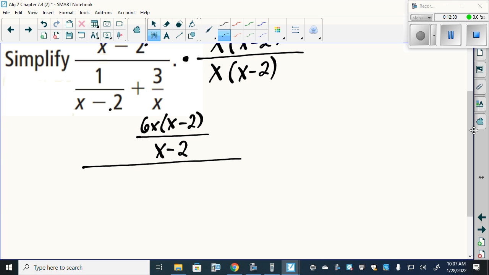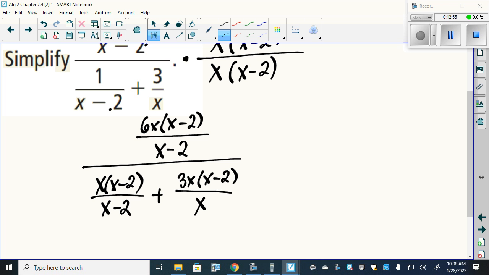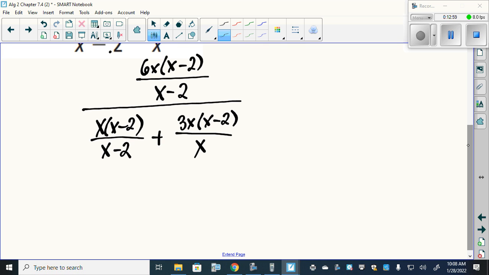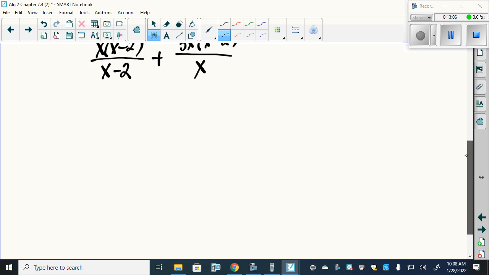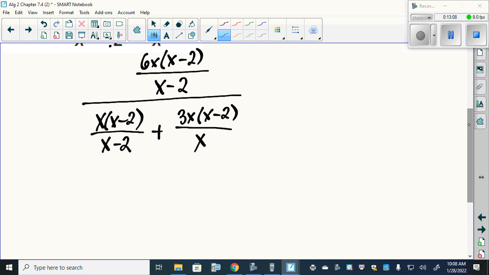For the denominator, well, 1 times x minus 2 is just going to be x times x minus 2 over x minus 2 plus 3x times x minus 2 all over x. Questions on this here so far?